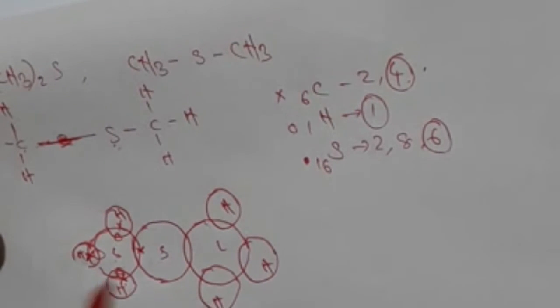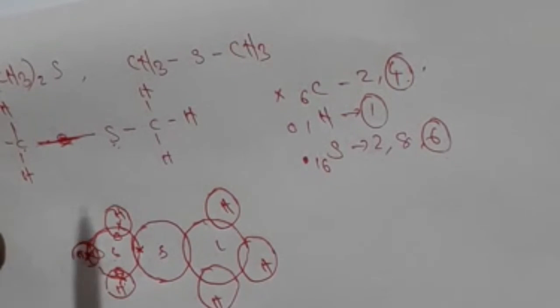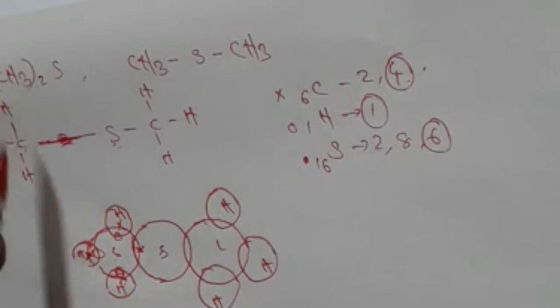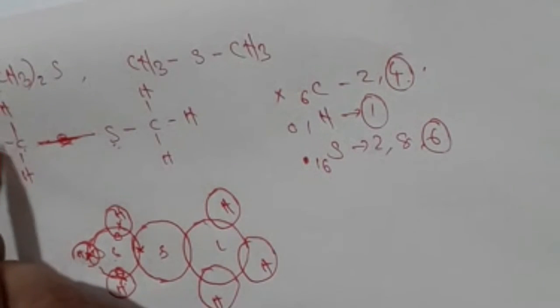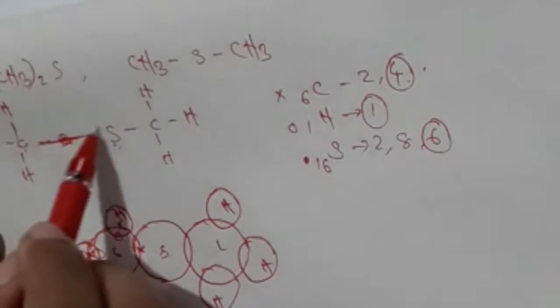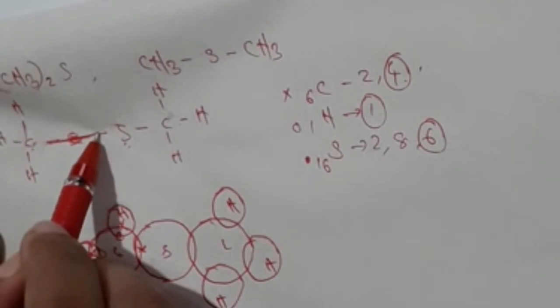How do you know if it is 1 pair of electrons or 2 pairs? Based on this, carbon's single line represents a single bond, and the carbon sulfur single line represents a single bond.